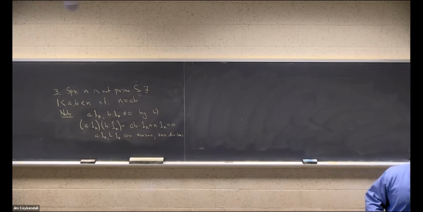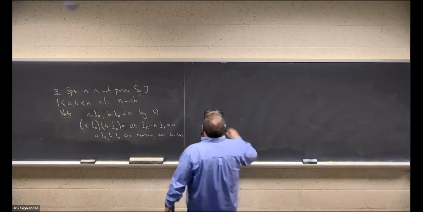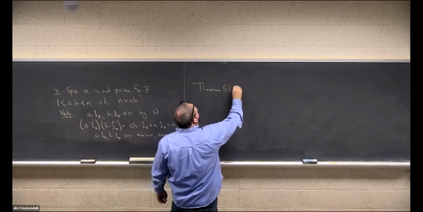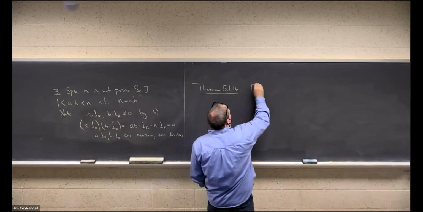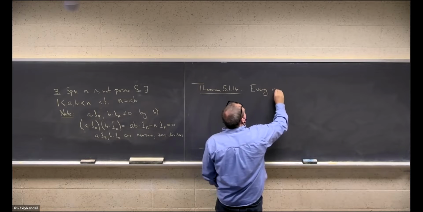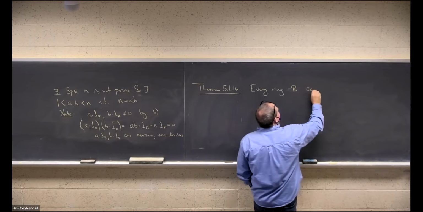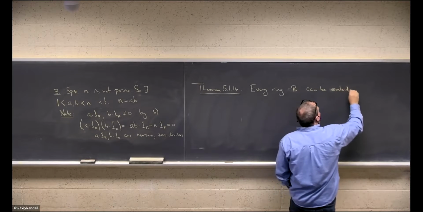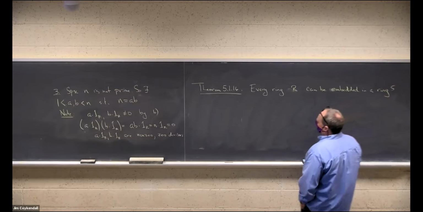There's actually multiple ways to do this, depending on what your original ring looks like, but here's one of the most common. Every ring R, when a ring without identity.